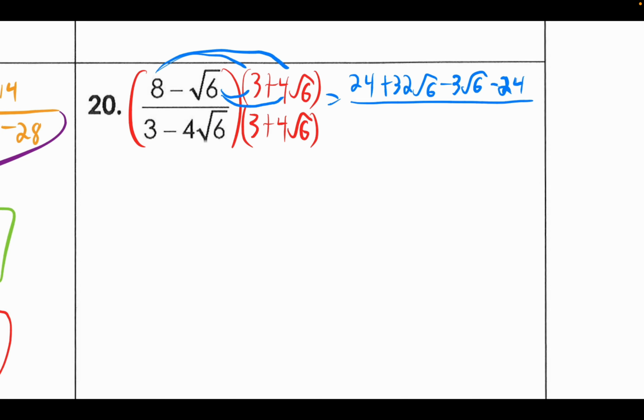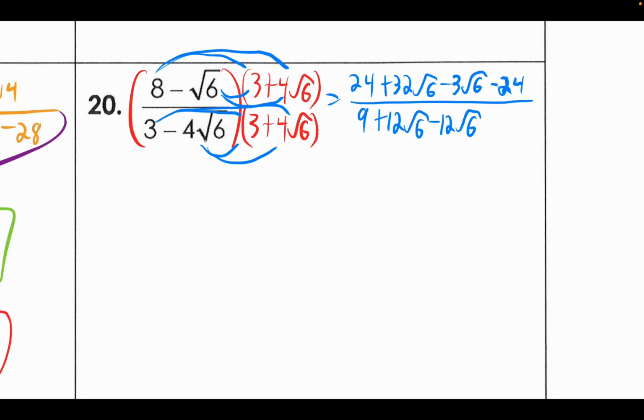On the bottom, 3 times 3 is 9. 3 times 4 square root 6 is 12 square root 6. Negative 4 square root 6 times 3 is negative 12 square root 6. Negative 4 square root 6 times 4 square root 6.